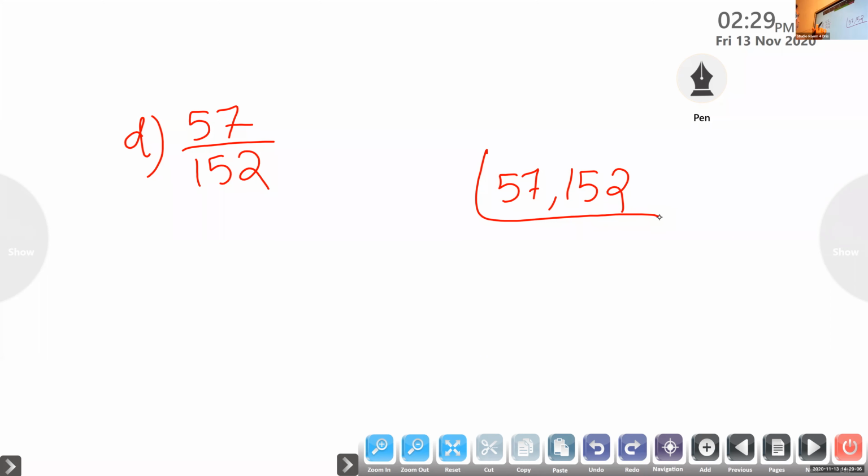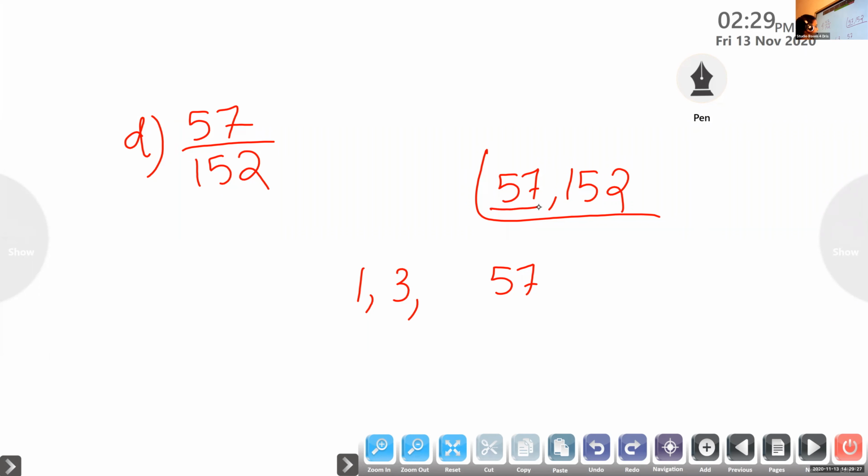So I think this question we can do by writing common factors, like 1 into 57. Then 3 times which number? 19. If you write the common factors, this method is easy because 3 is possible here.